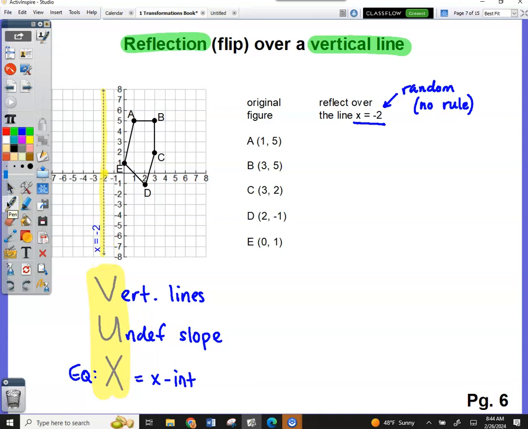Now it's a matter of counting how far the shape is from my line of reflection and counting past it. So E is 2 away, so 2 past. D is 4 away, so 4 past. C, 5 away, so 5 past.